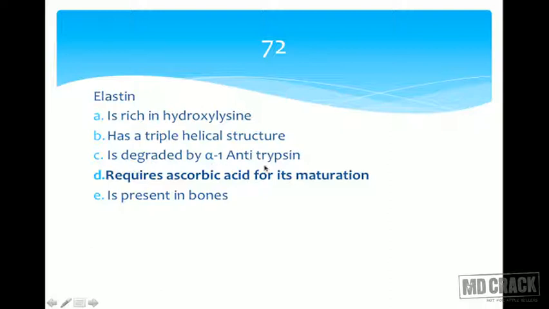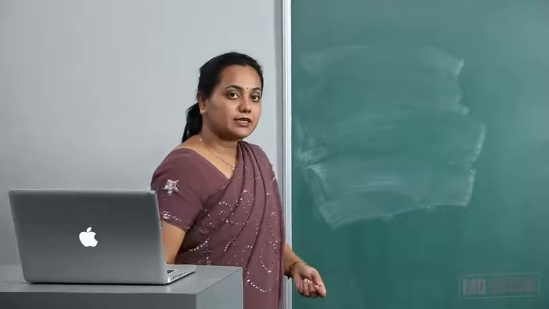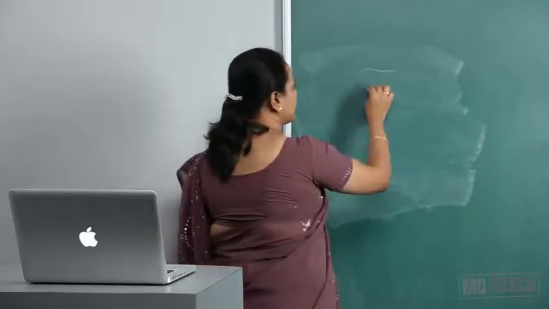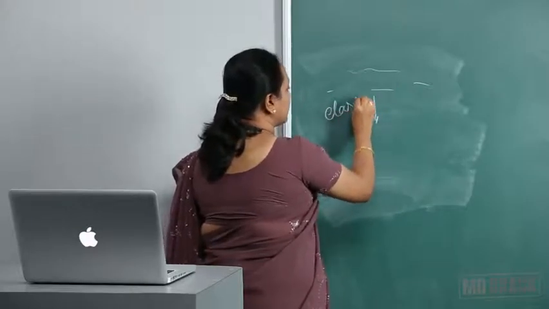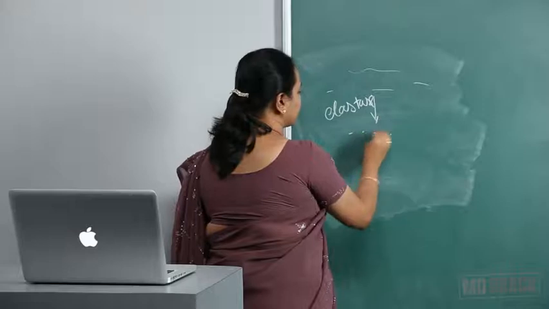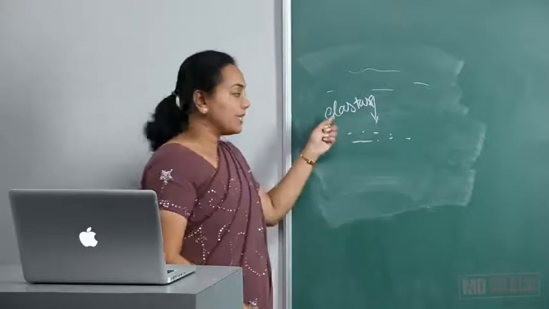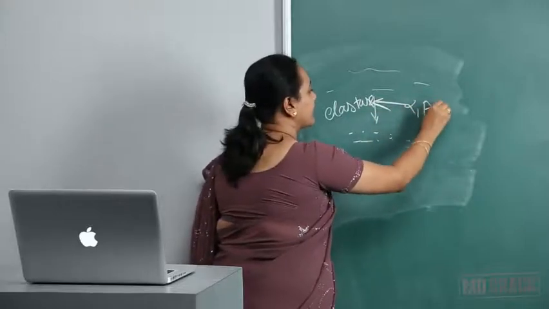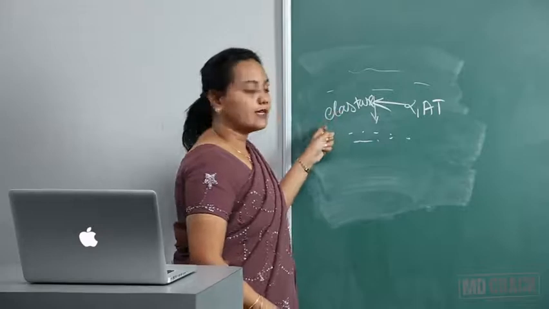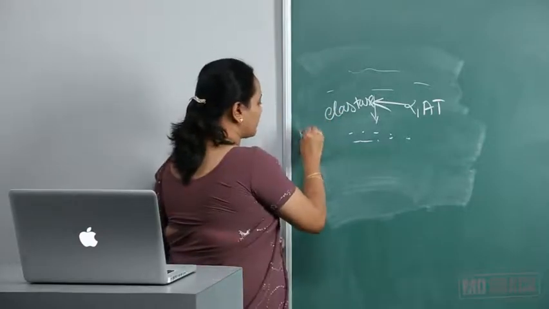Is it degraded by alpha-1 antitrypsin? No. Let me show you the relationship between alpha-1 antitrypsin and elastin. Elastin is present in various tissues. This elastin is degraded by an enzyme, elastase. Now this elastase is inhibited by alpha-1 antitrypsin. From where did elastase come? It came from neutrophils.